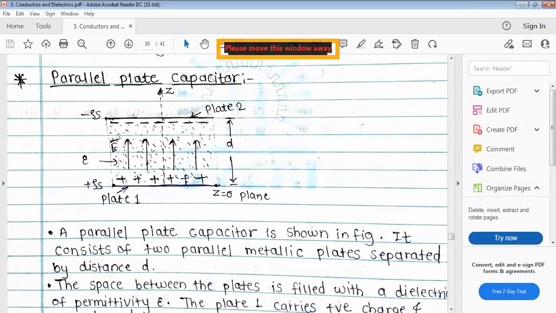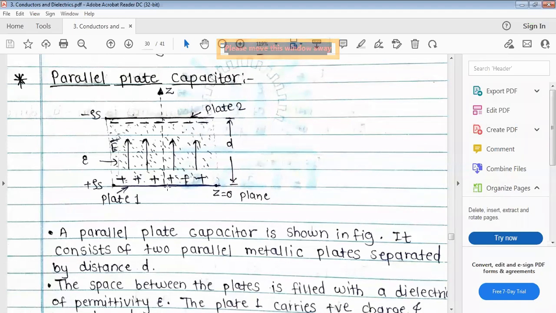Now we can consider this is placed on the z axis. Plate 1 is in the x and y plane, and plate 2 is also parallel to the xy plane. Here z is equal to 0 means plate 1 is placed at the origin.